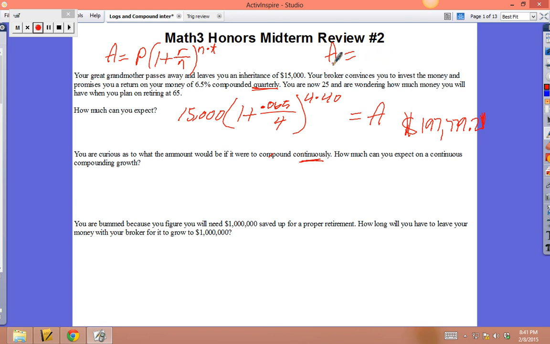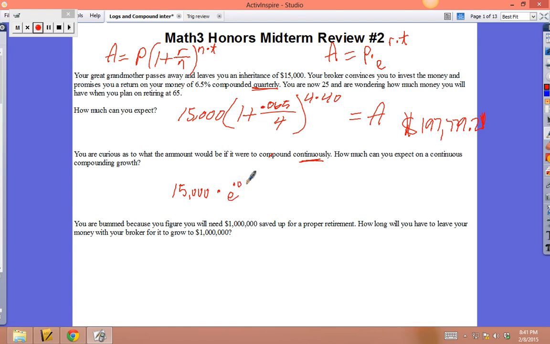A is the same amount of money you're going to have, P is the amount you dump in, but now you're going to multiply that by E, which is the number that models continuous growth or continuous decay, and you're going to raise that all to R, your interest rate, times how long you leave it in the bank.